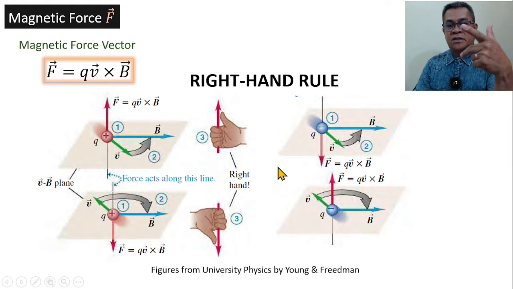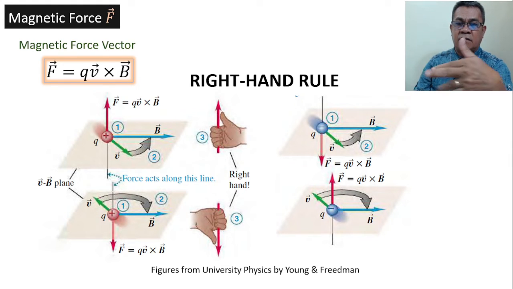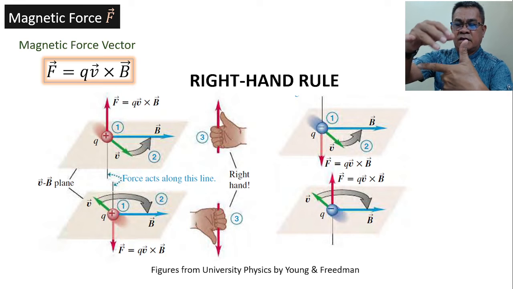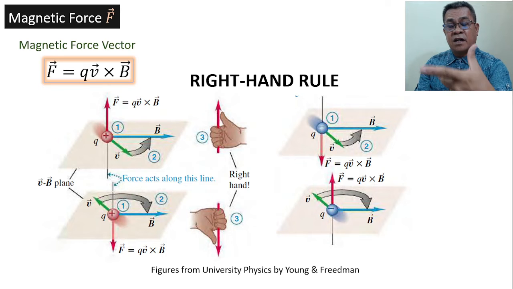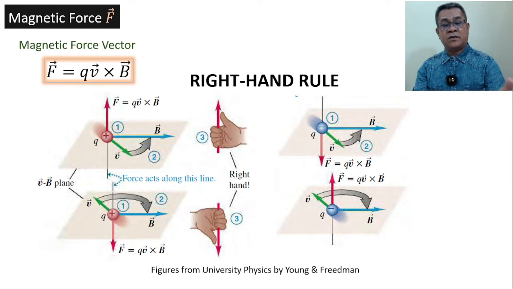Another way, aside from the right hand rule you're given, is that the index finger is velocity, the middle finger is our magnetic field, and the third, the thumb, will be our force. Alternatively, you can also take the thumbs up.